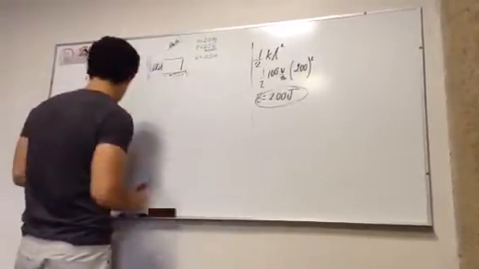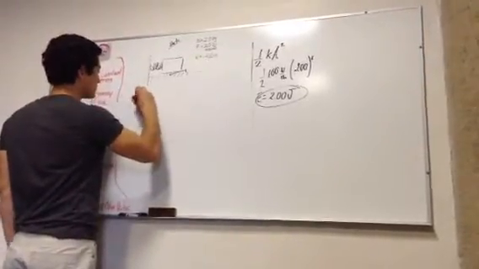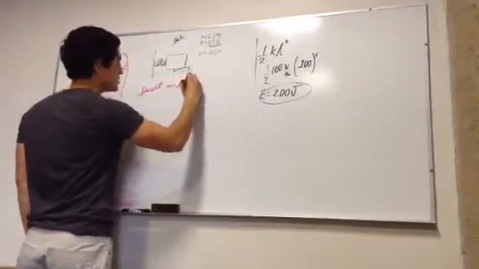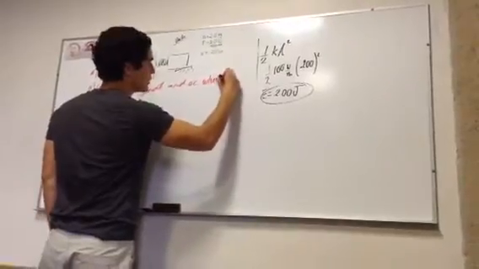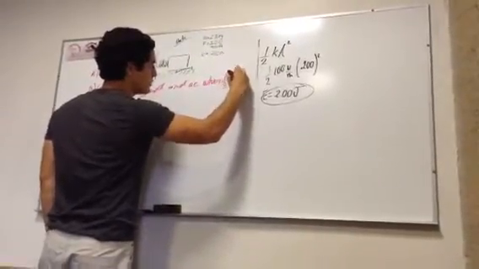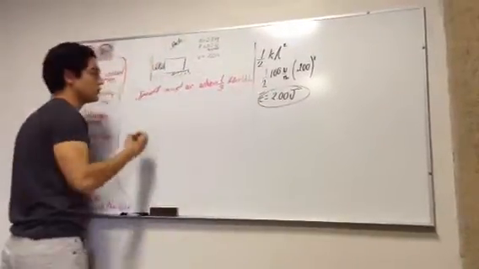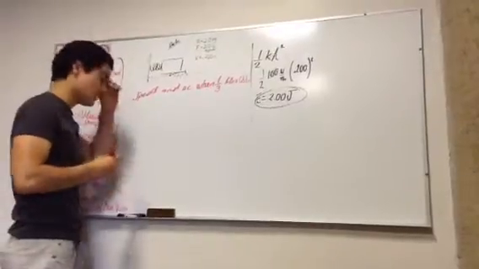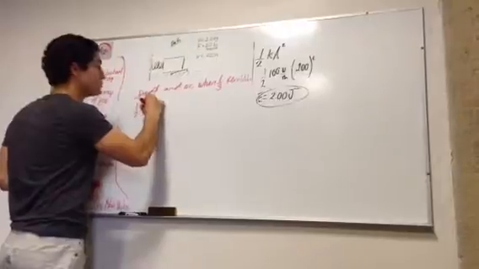And for the last question, we are asked to find the speed and acceleration when the displacement is 1/3 of its maximum value. We are going to do this question by conservation of energy.